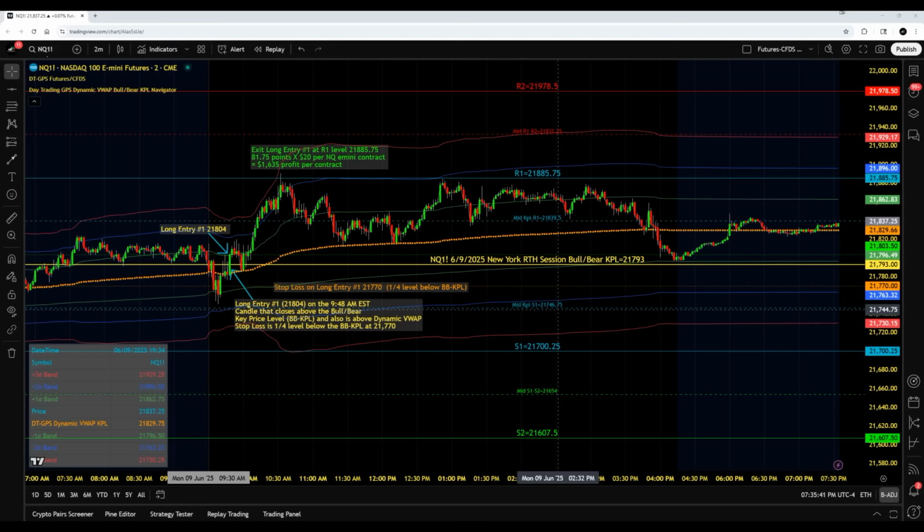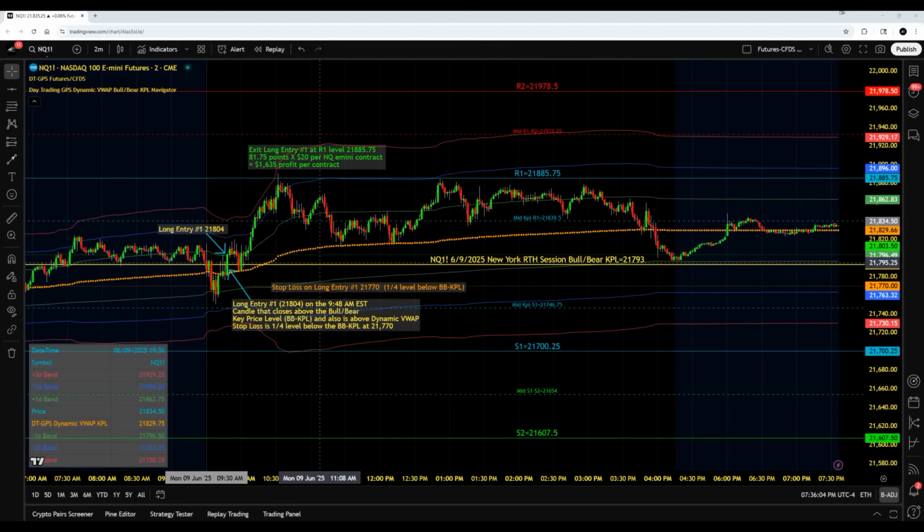So as you can see here, this orange, you can make this whatever type of line style that you want, but for purposes of this video, I've gone ahead and made the dynamic VWAP, the circle line in orange, to contrast it with the yellow bull bear key price level.